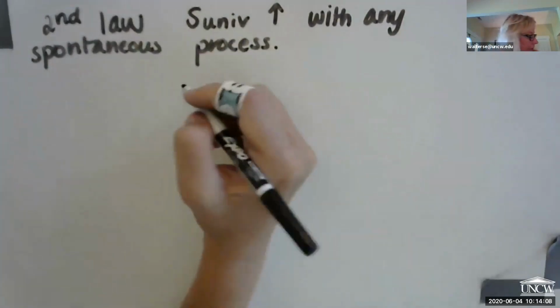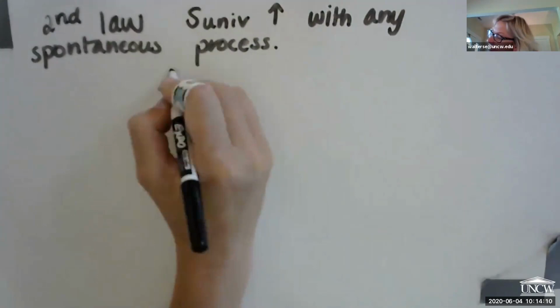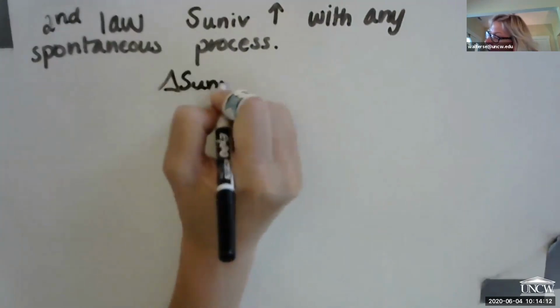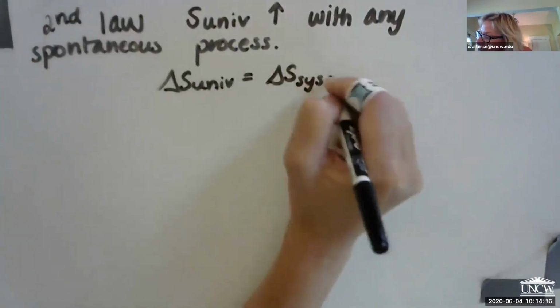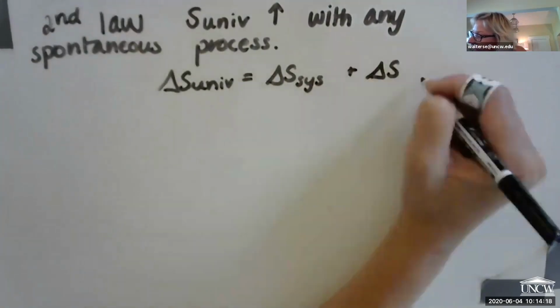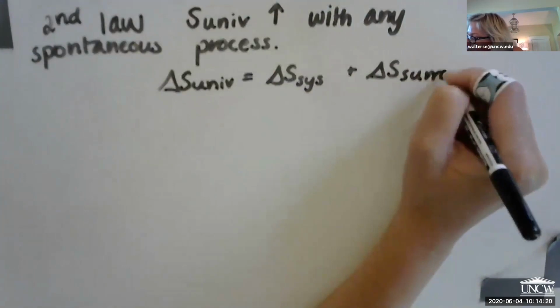So that would tell you that the change in entropy of the universe is equal to the change in entropy of the system plus the change in the entropy of the surroundings.